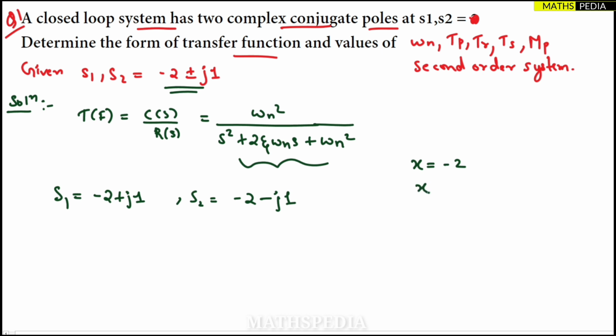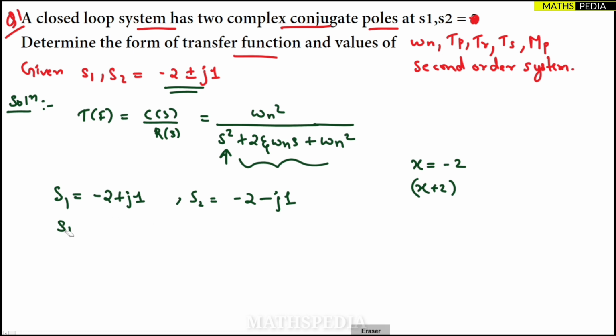You write x plus 2 as the factor. Simple thing. Here also you have to do the same. You got S1 and S2, but here you cannot write S1 and S2 separately, because the poles will remain as S only. There is only one S, there is no S1 and S2, but the poles are different, so you have to mention like that.